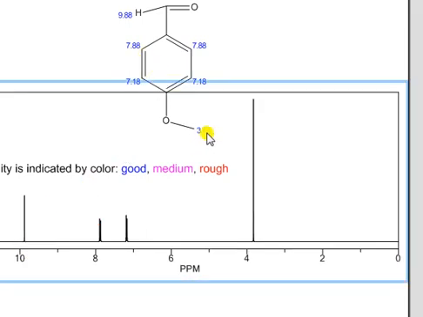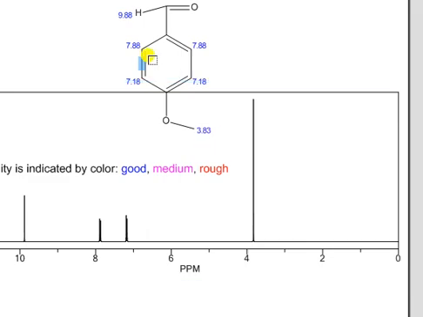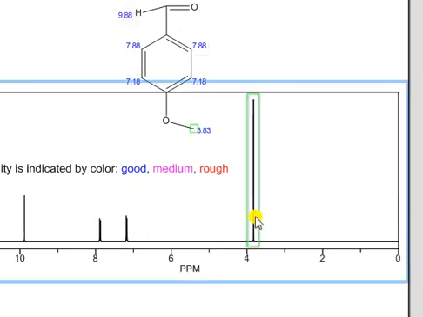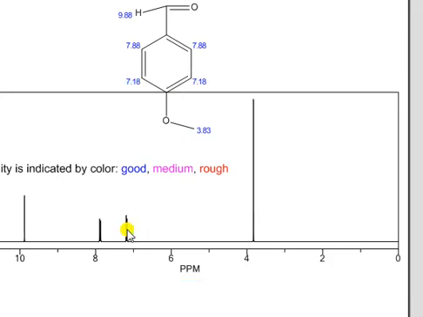This is 3.78, 7.88, 7.18, and 9.8. The pattern is the same; the values may be a little bit different. This proton is shown at 6.98, here it came at 7.18.